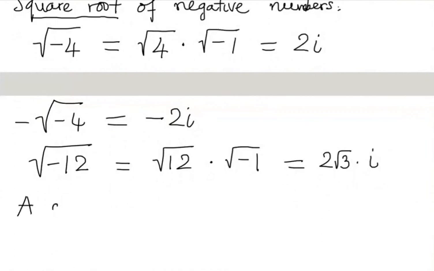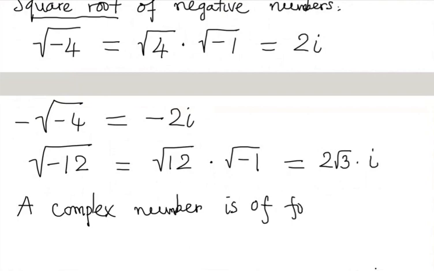Now a complex number is a formula of the form a plus bi, where a and b are real numbers.